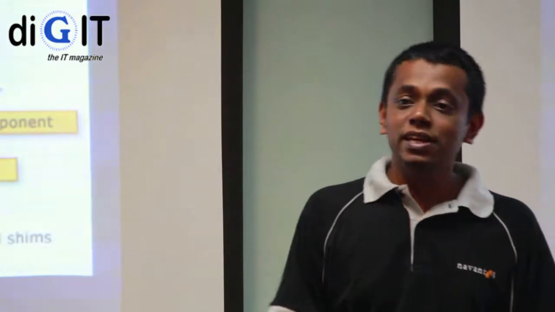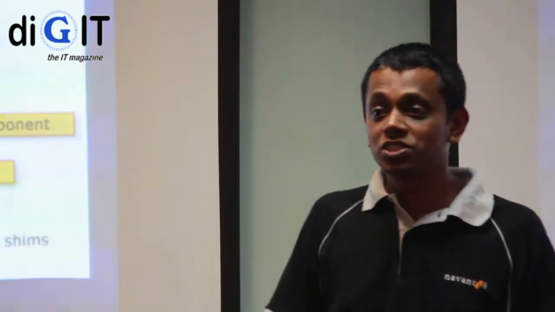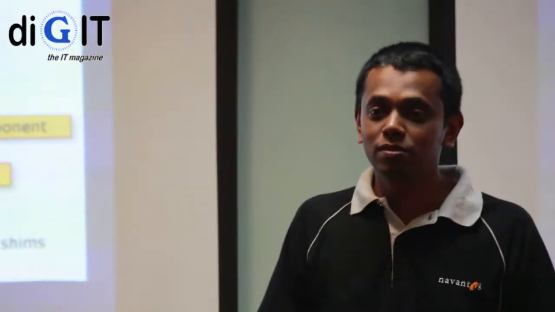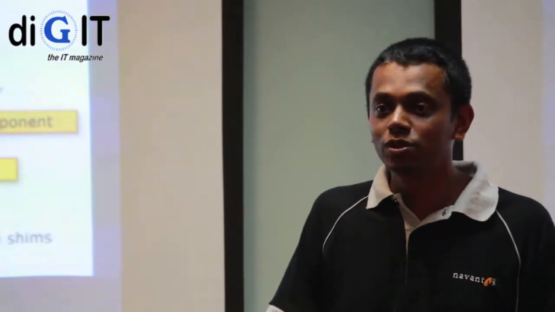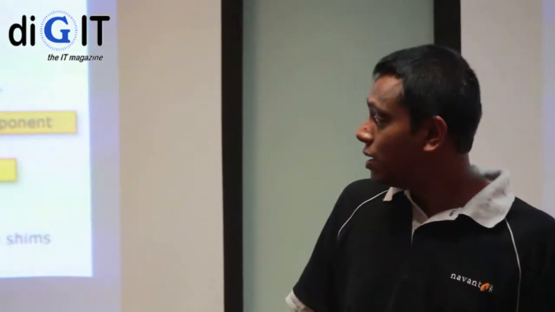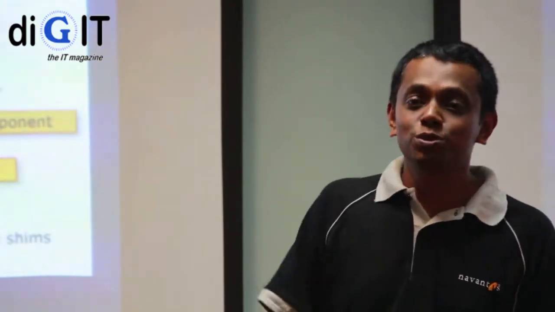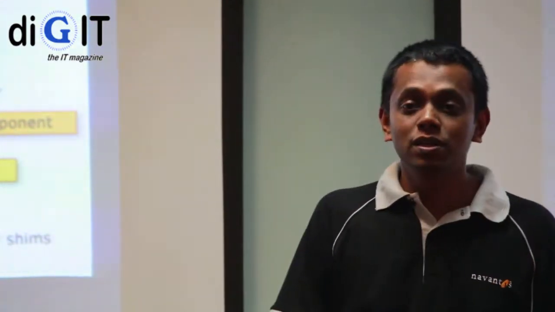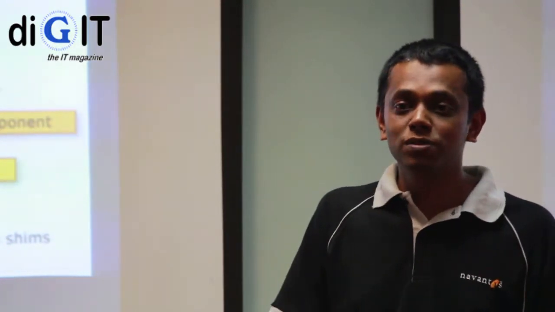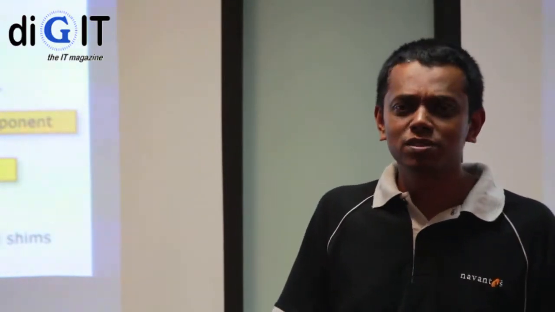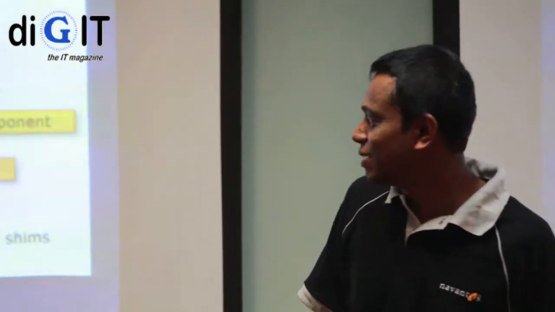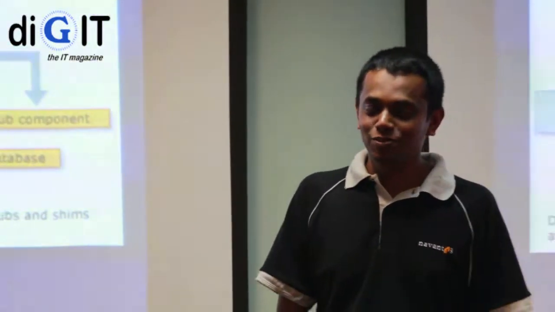But there are certain cases where you can't change your existing code, or maybe the people who developed it don't like to change it. And there are certain system components you have no option to change. For example, System.DateTime, getting the date.